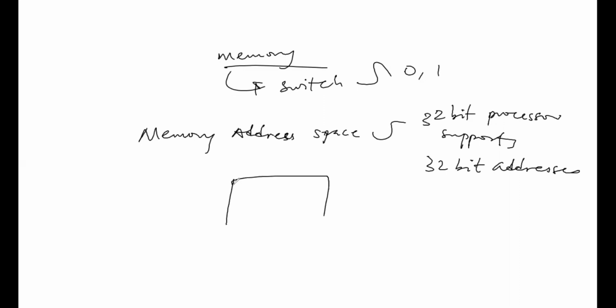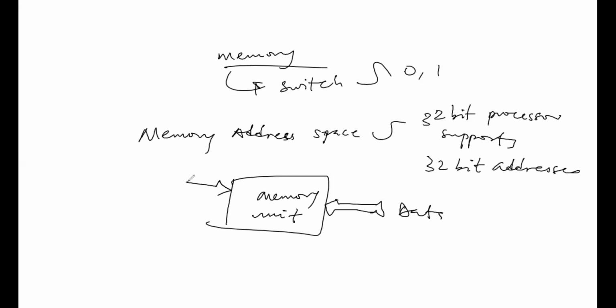So here we have that the memory unit looks something like this. This is the data, then here we have the address bus, then here we have read, and here we have write.